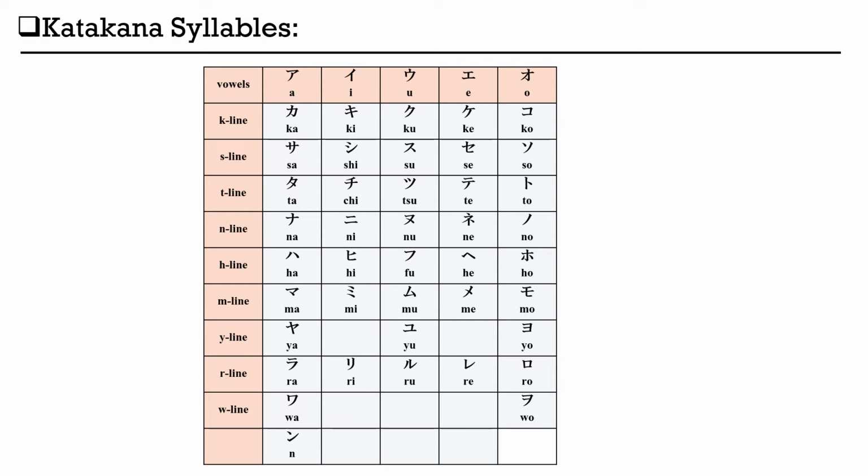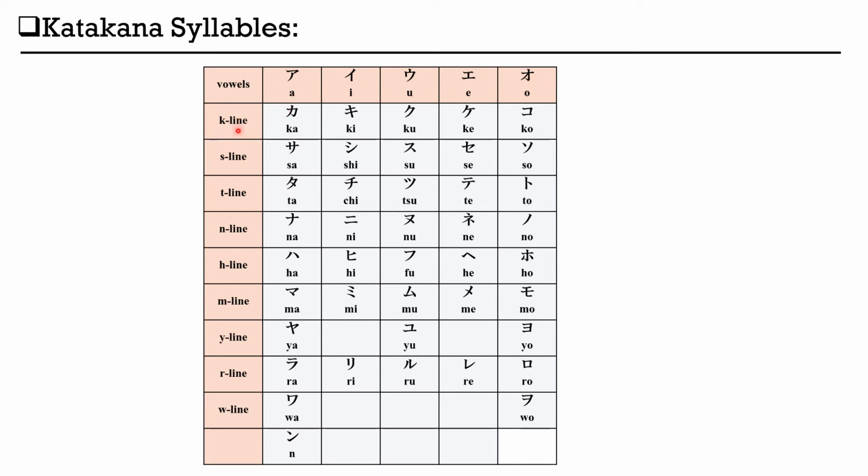As explained earlier, there are 46 primary letters with the same sounds as the hiragana letters. Let us see the formation. The top row is filled with vowels and the left column is filled with the consonant series letters. To create the K sounds, you have to merge K with the vowels in the top.